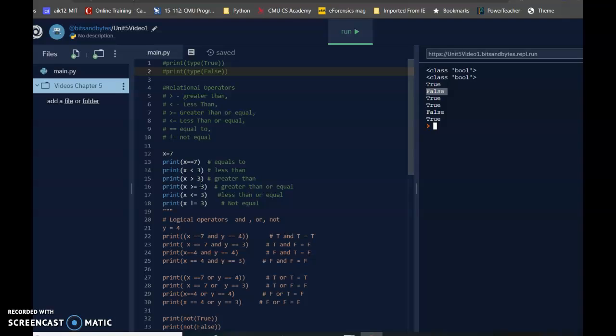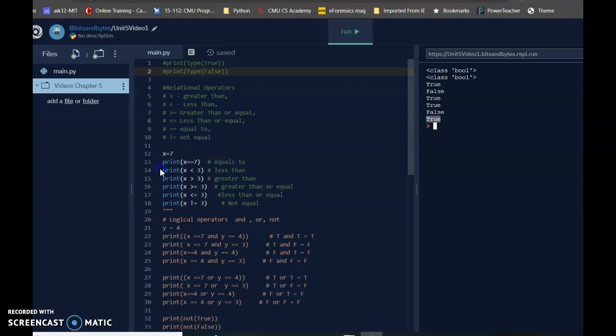Well, 7 is greater than 3, so that will be true. So the third one down should be true, which it is. And 7 is greater than or equal to 3, that should be true. Is 7 less than or equal to 3? That is false. 7 not equal to 3 is true, since 7 does not equal 3. So notice the last one evaluates to true over here to the right. So those are relational operators, and they produce true or false values.